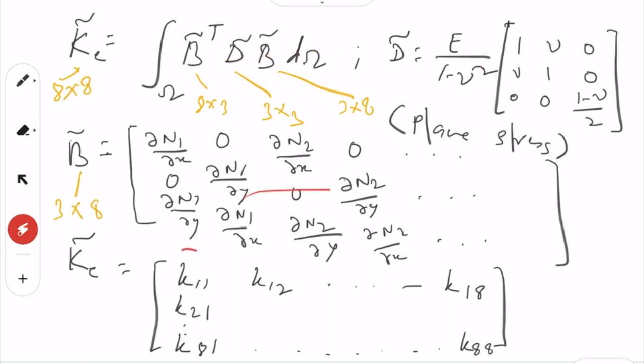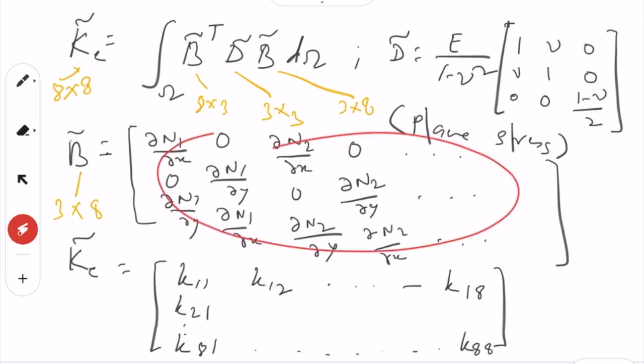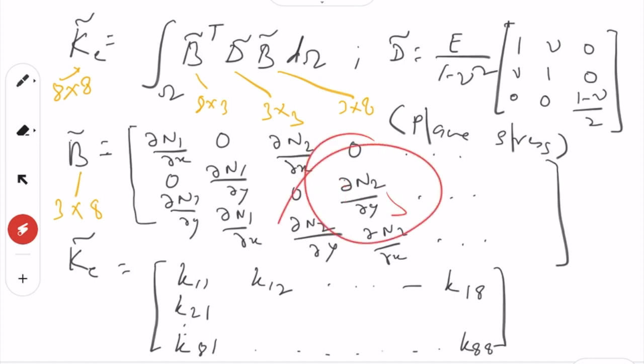If we can find K11, then we don't have to calculate all of them. But still we know that we have to invert a 5 by 5 matrix, because there are 5 free degrees of freedom, not nodes.